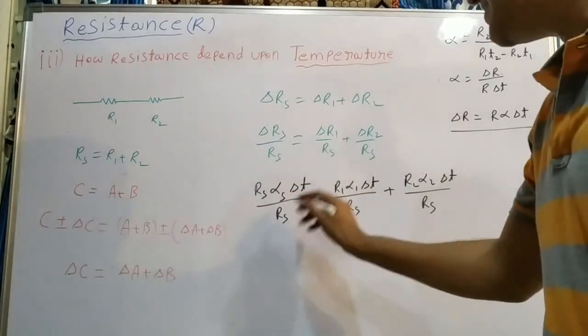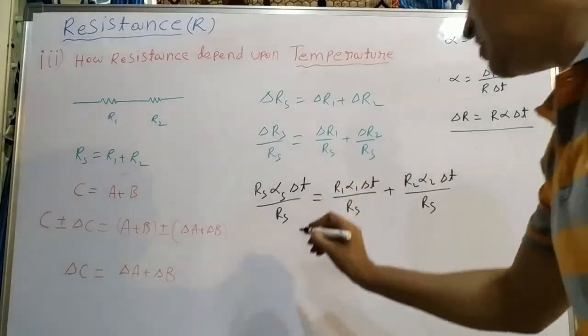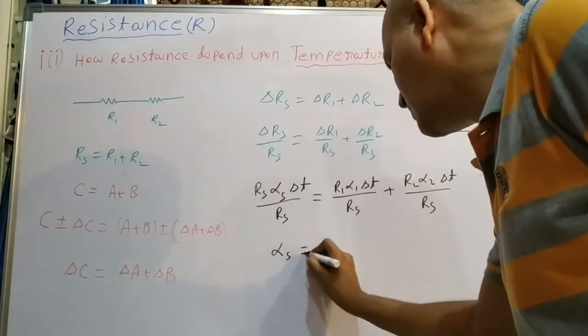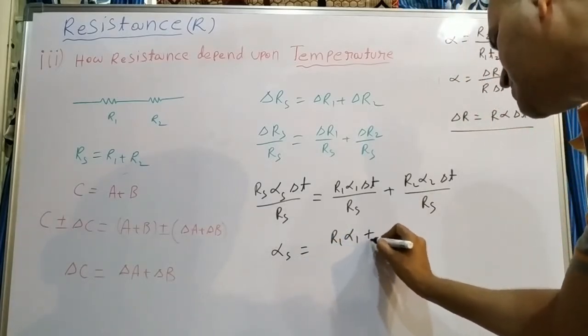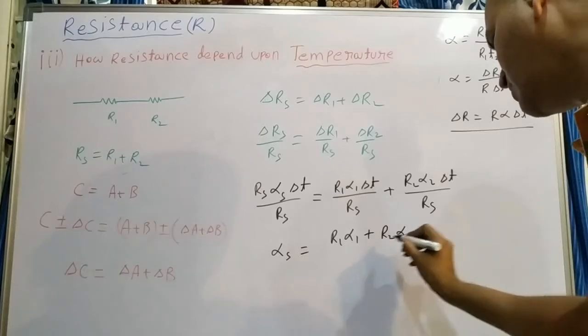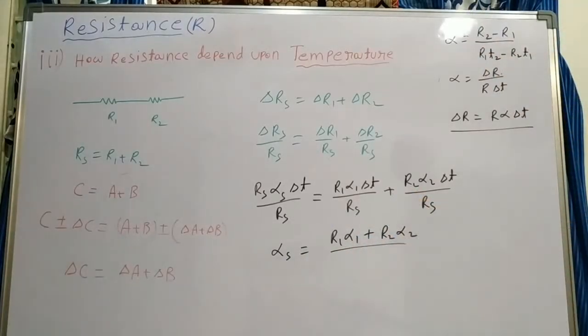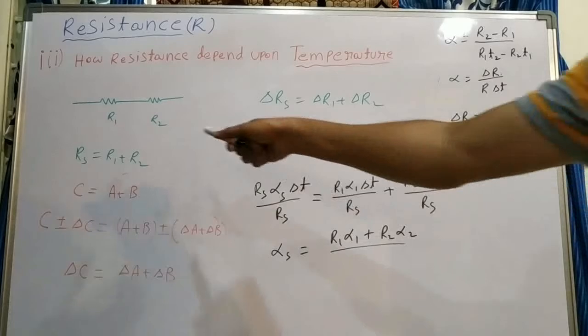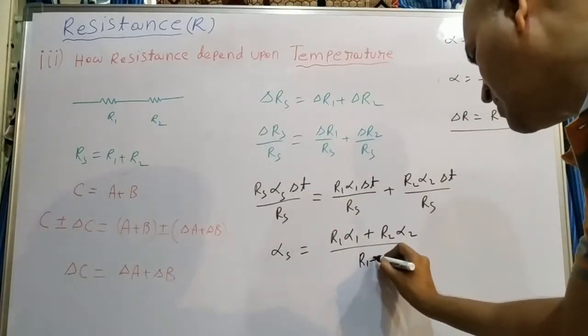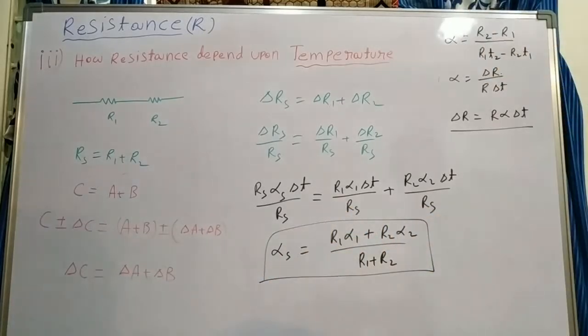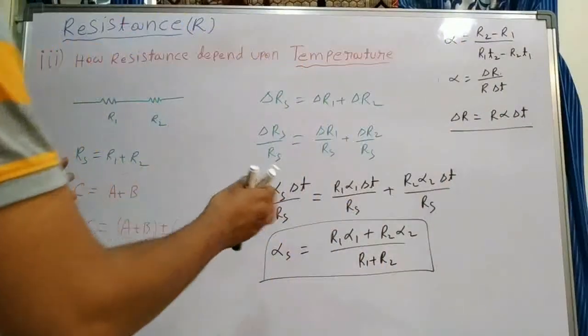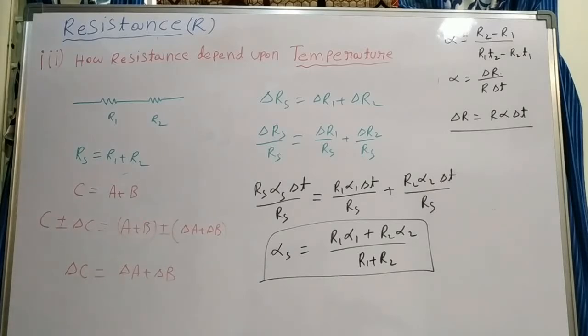Here R series gets cancelled, delta T in all the terms gets cancelled. What you get, alpha series is equal to R1 alpha 1 plus R2 alpha 2 by R1 plus R2. If two conductors are connected in series with different resistances and different temperature coefficients, then the temperature coefficient of the series combination of the resistors we can write like this.